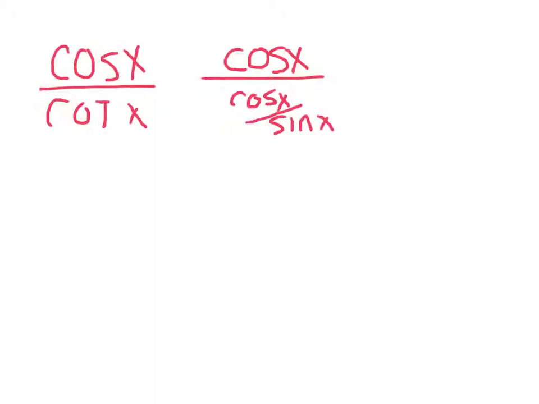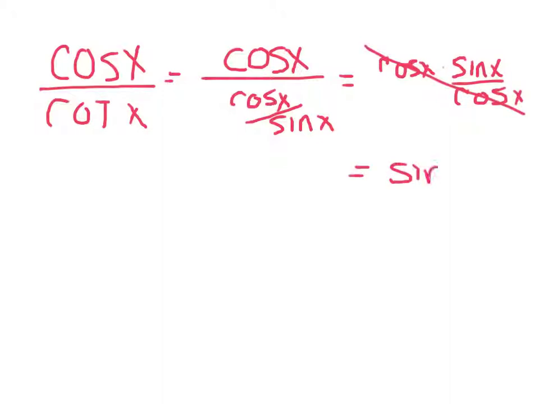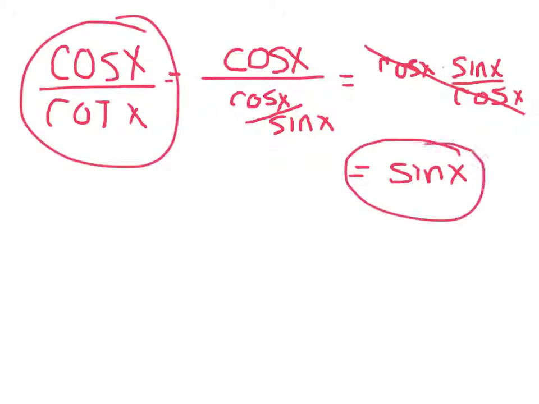When you divide by a fraction, you multiply by the reciprocal. So this is equal to cosine times sine over cosine. And the cosines cancel, and you end up with sine. So cosine over cotangent is equal to sine.